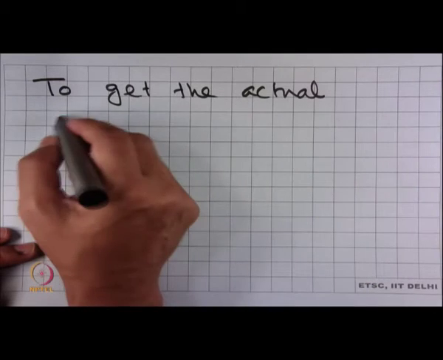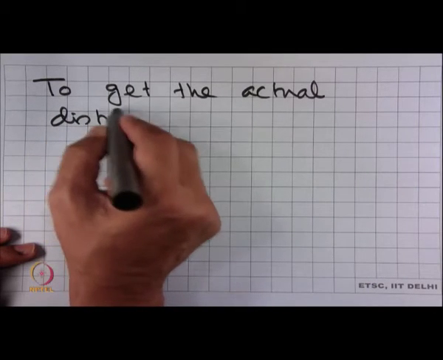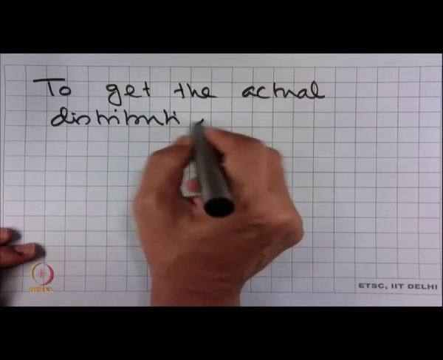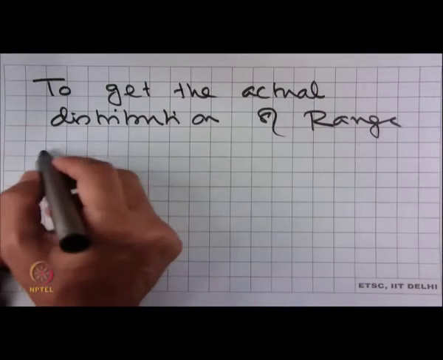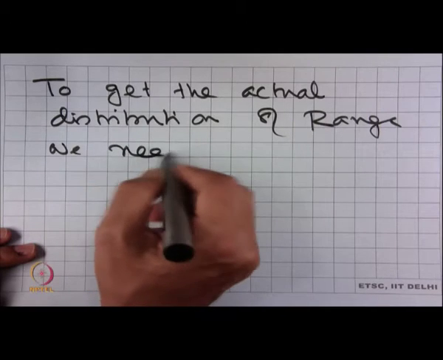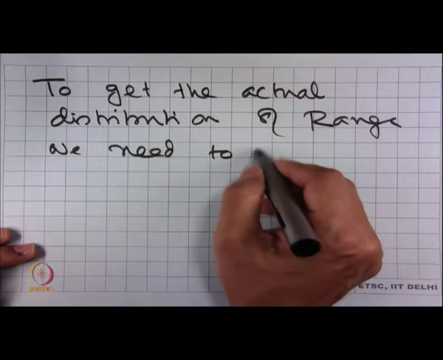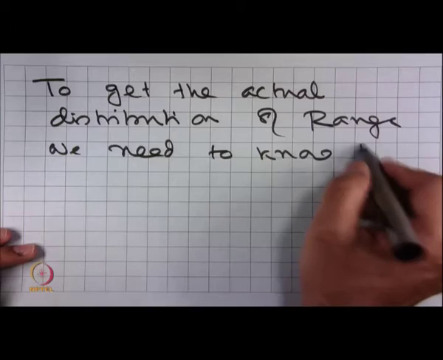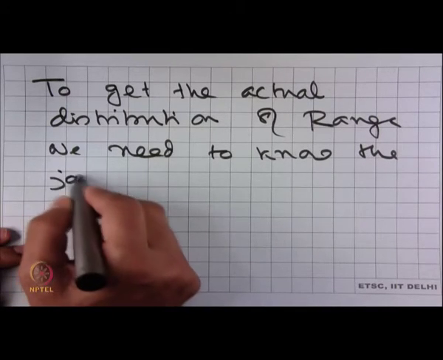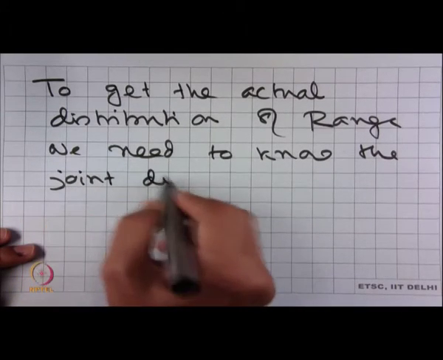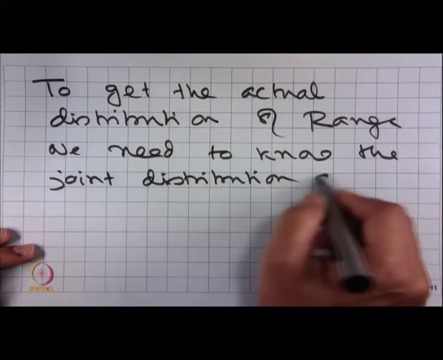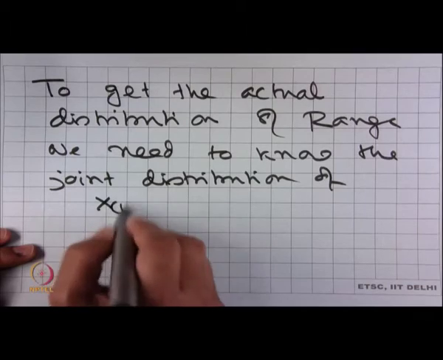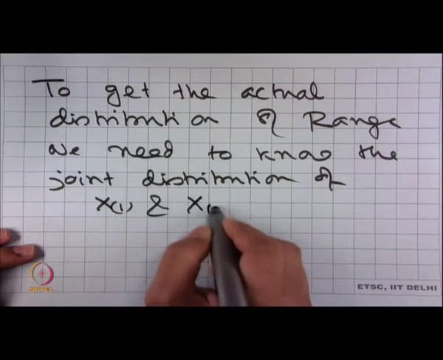To get the actual distribution of range, we need to know the joint distribution of x 1 and x n.